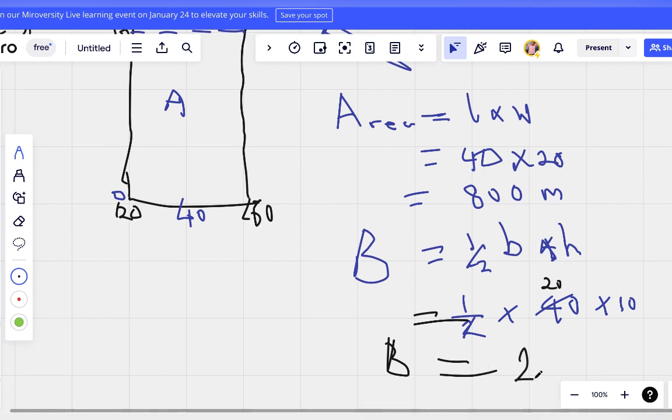We add them together to get the total distance traveled.